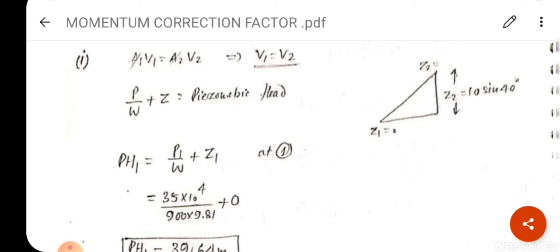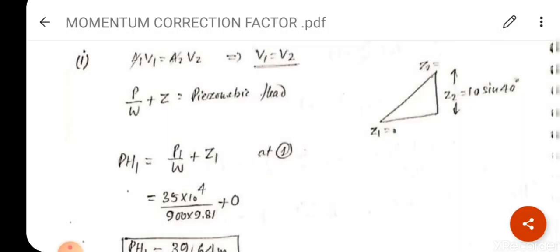Now, already explained different types of head, that is datum head, kinetic energy head, and pressure head and piezometric head. So we can write here P by W plus Z is nothing but piezometric head. So piezometric head at point 1 is given as P1 by W plus Z1.